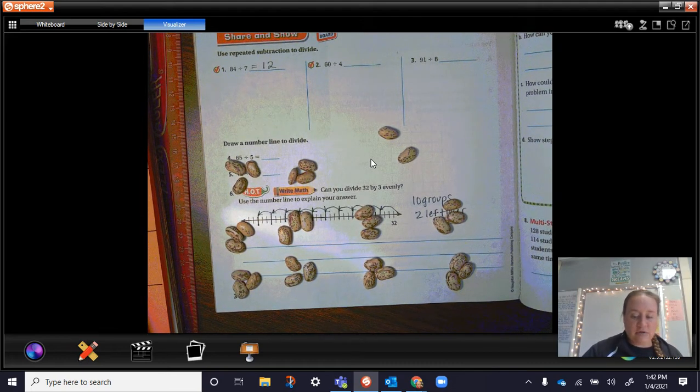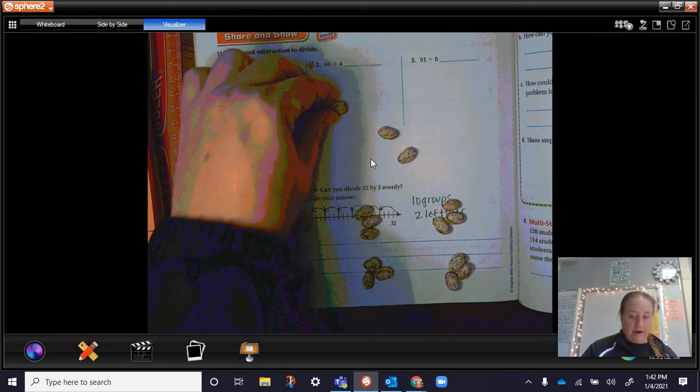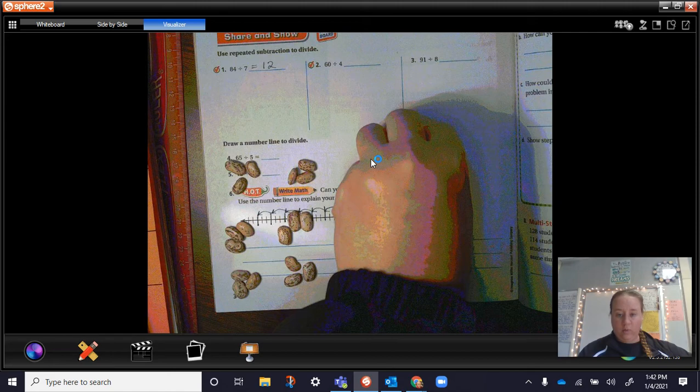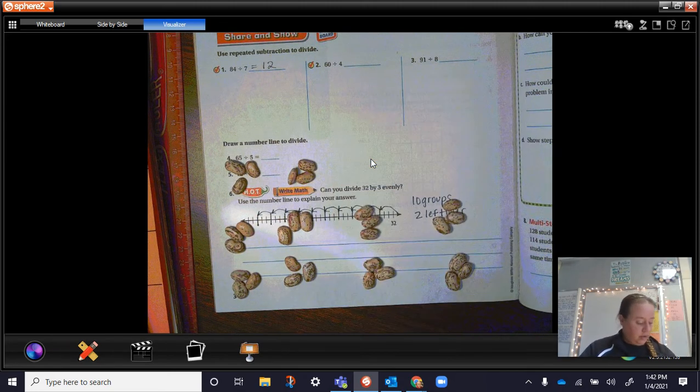So when it says, can you divide 32 by 3 evenly? The answer would be no, because in order to divide it evenly, I would need to either add an extra bean, or I would need to take away those 2 and just have 30. 32 is not divisible by 3.